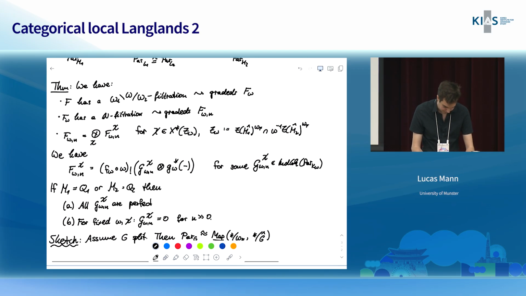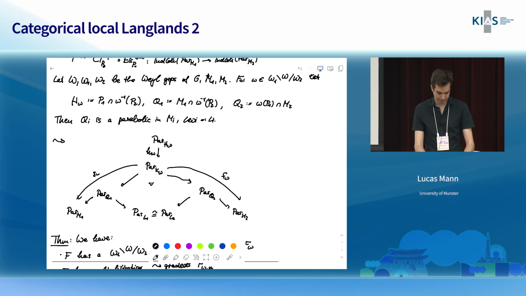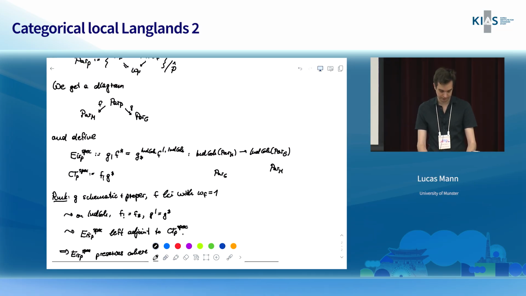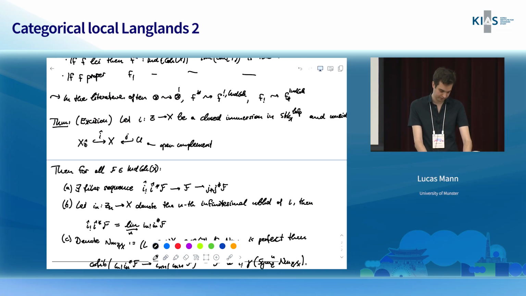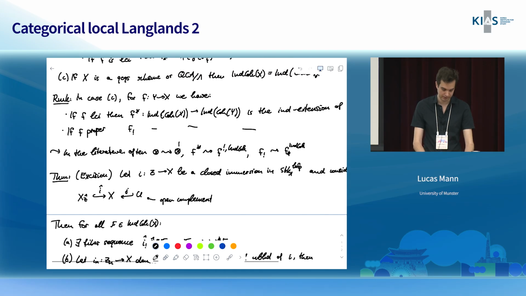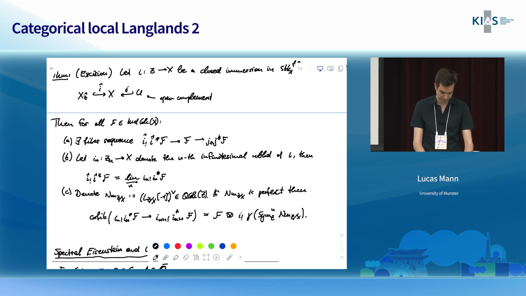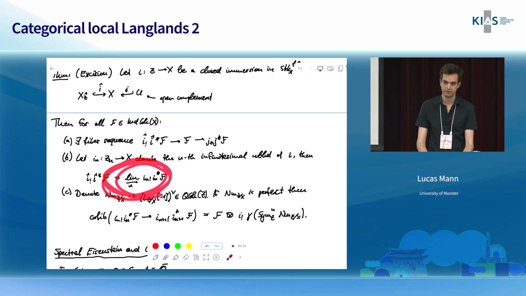So we have two filtrations. One is by this double coset set of W's, and then the other one is N. The one over this double coset space is coming from the stratification of X, and the one over N is coming exactly from this here.